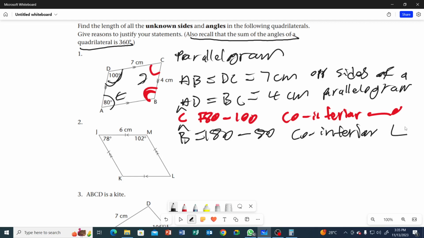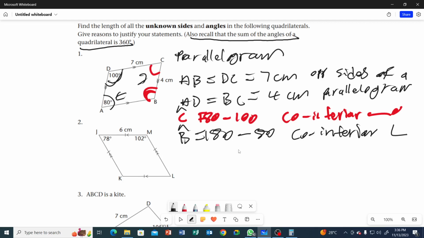Now that you have found all angles, take note about the opposite angles of a parallelogram. Can you see that opposite angles of a parallelogram are equal? Because B is 100 and C is 80, because 180 minus 100 will give us 80.